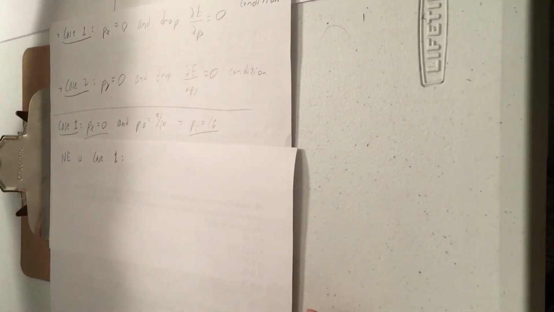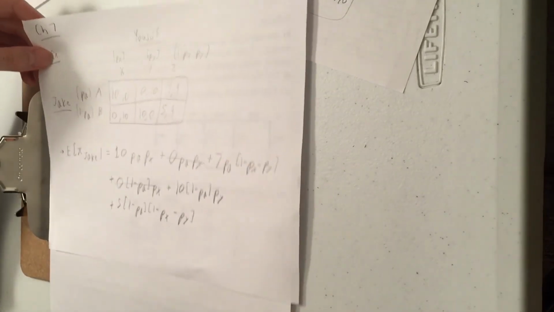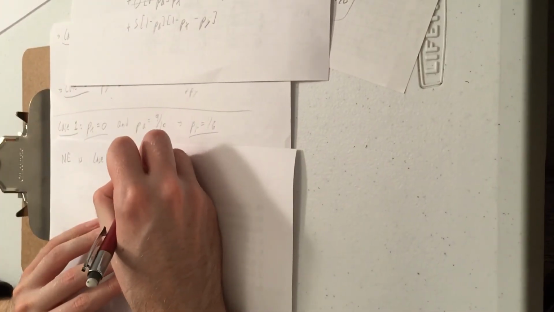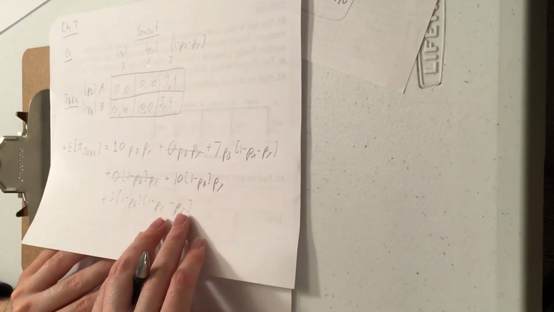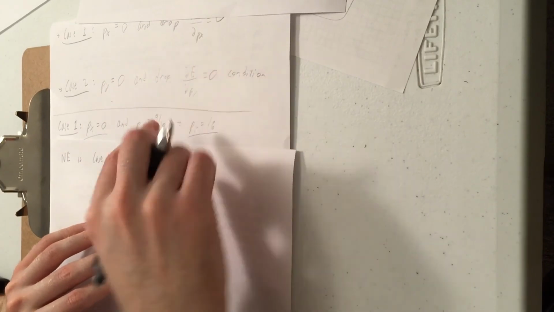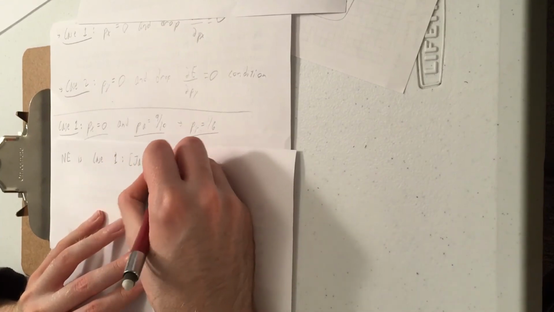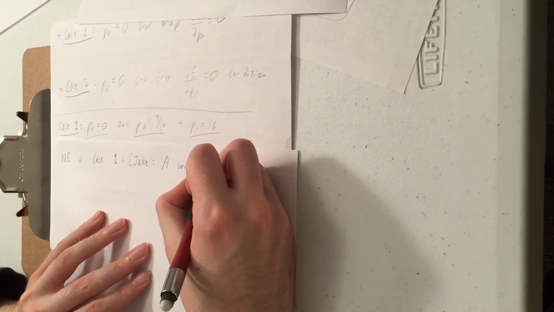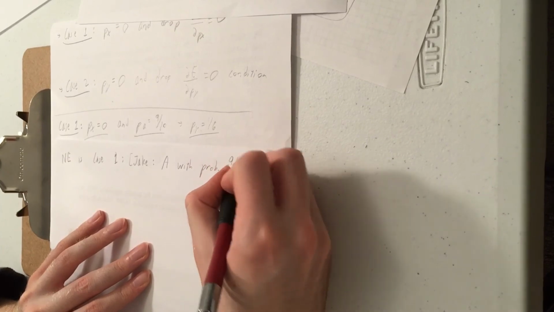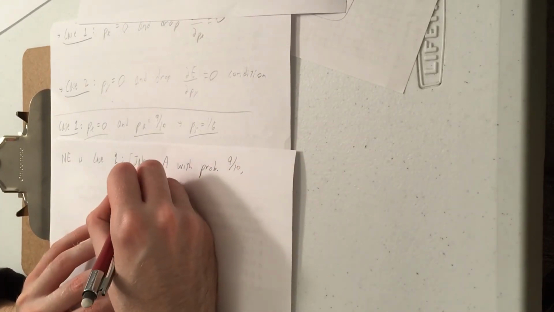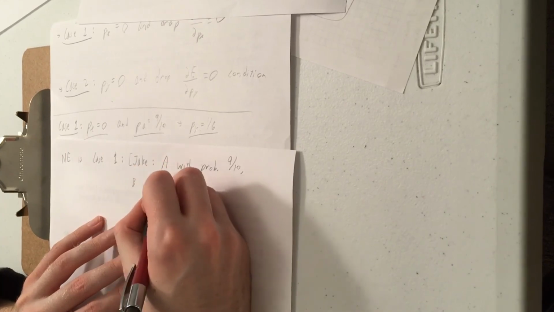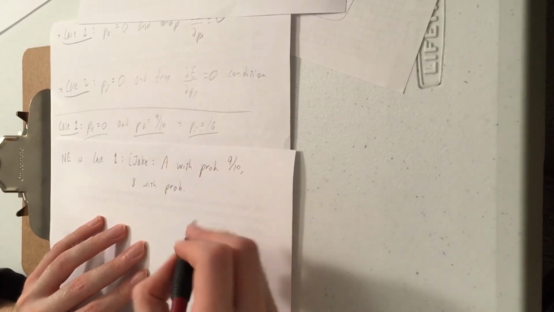To write out our Nash equilibrium, Jake was our row player, so Jake is going to play A with probability PA, and we said PA was 9/10 over here. That means B is played with probability 1/10.